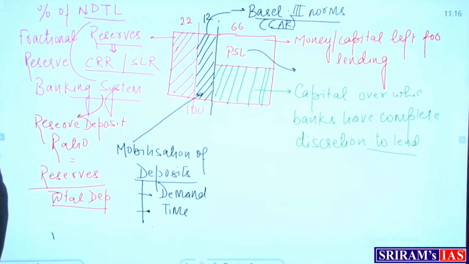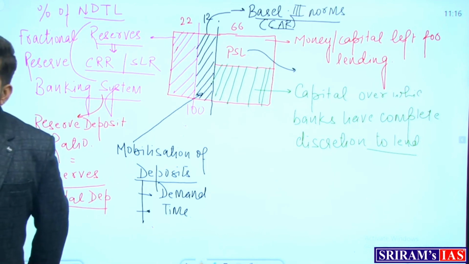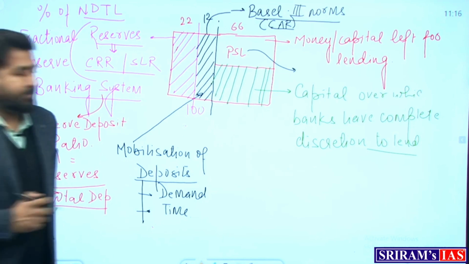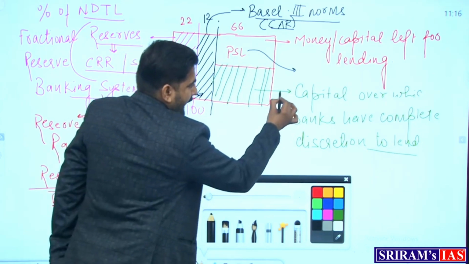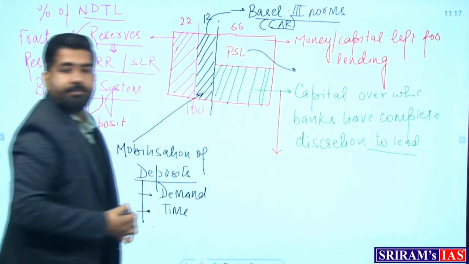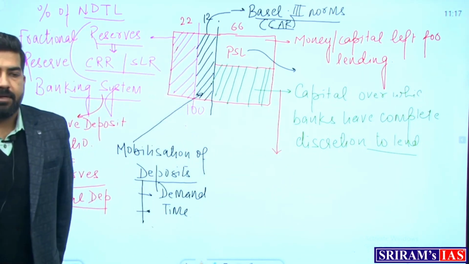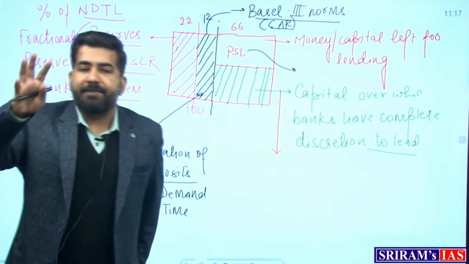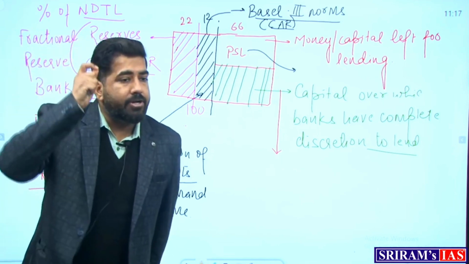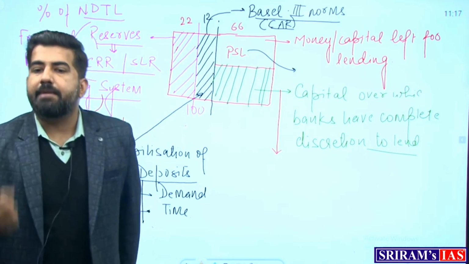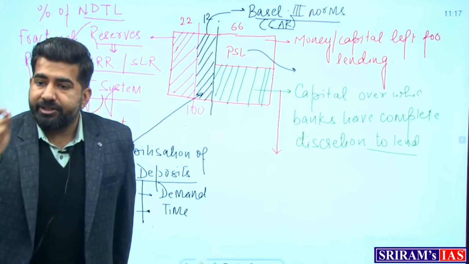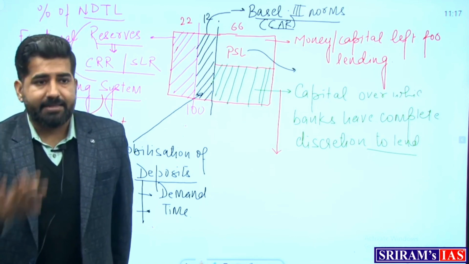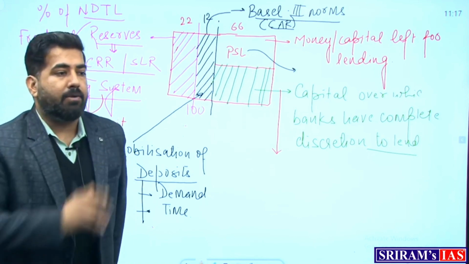But another thing will also kick in. What is that? If a bank is lending to any sector, it cannot lend below the minimum lending rate. There is a minimum lending rate which is set by the bank itself. It cannot lend below that.